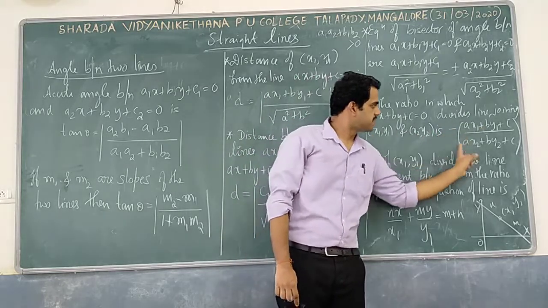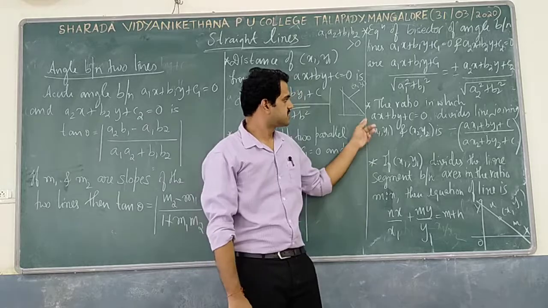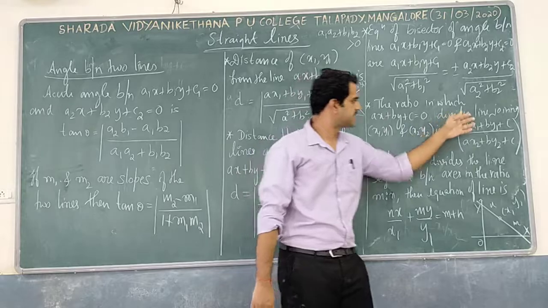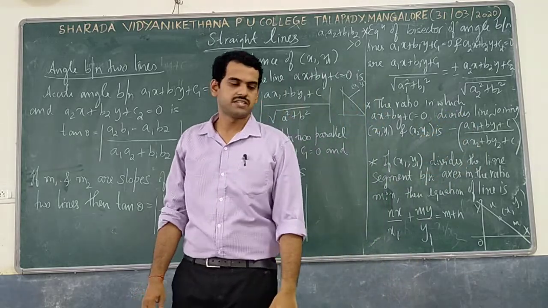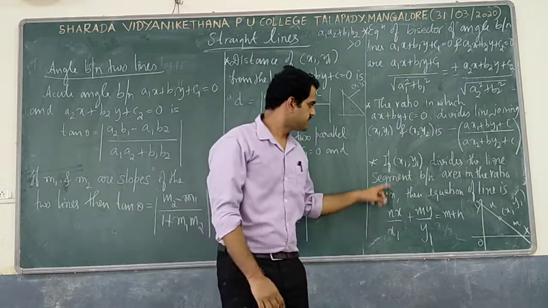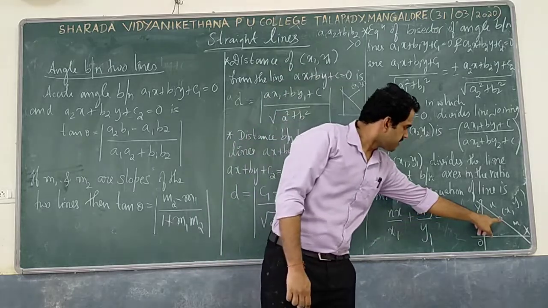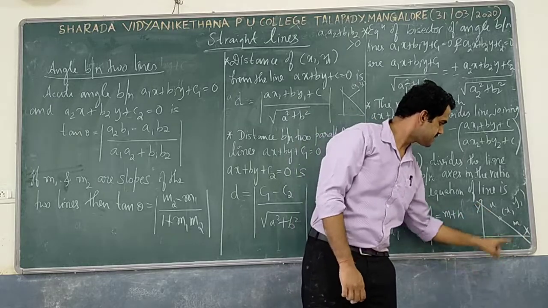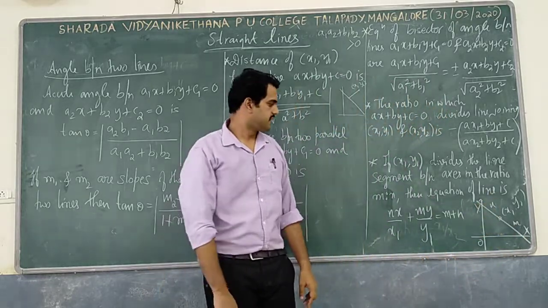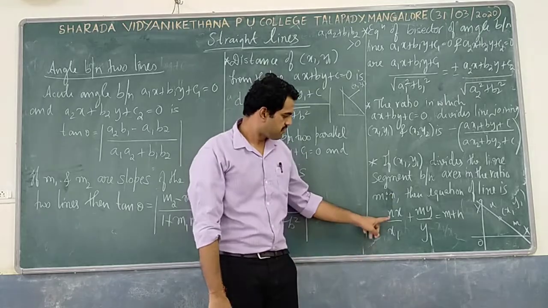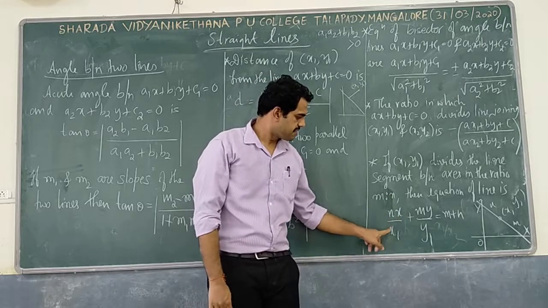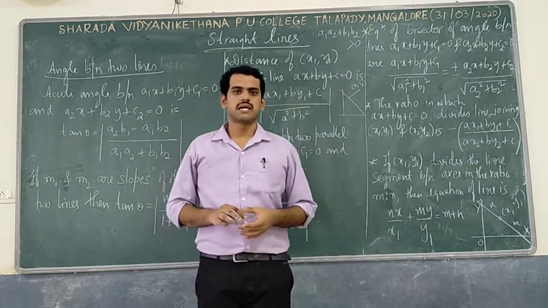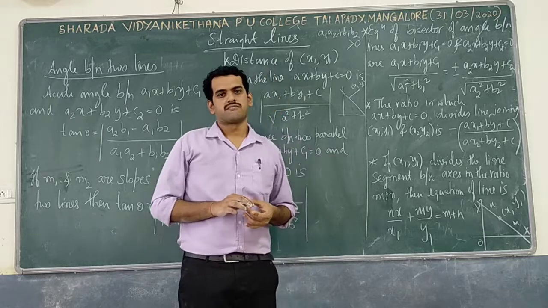The ratio you can obtain by this formula: take minus of, substitute x1 y1 once, then substitute x2 y2 once, and take the ratio; that is going to give you the ratio in which it divides. Last point: if you take a point x1 y1 that divides the line segment between the axes in the ratio m is to n, then the equation of the line is given by the formula nx by x1 plus m y by y1 is equal to m plus n. This directly gives you the equation of the straight line.